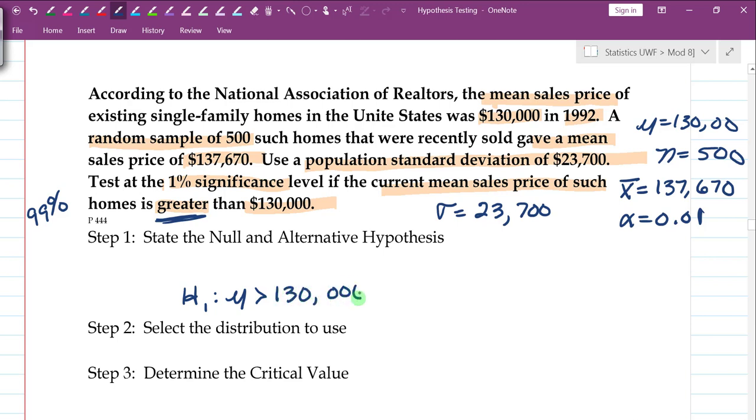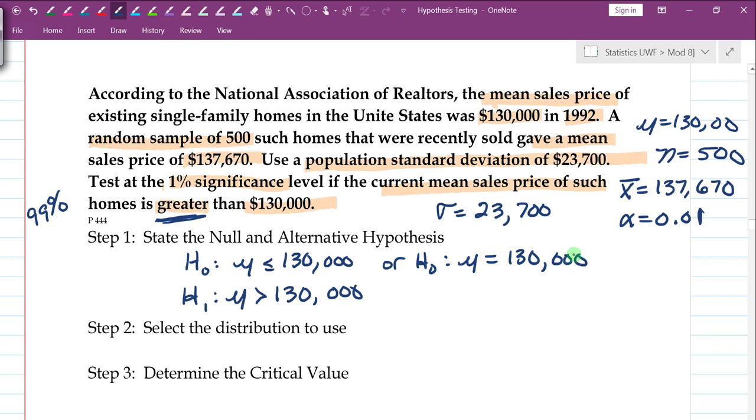My null is going to be the opposite, less than or equal to $130,000. Or you could write it as mu is equal to 130,000. Either one of those is perfectly acceptable.